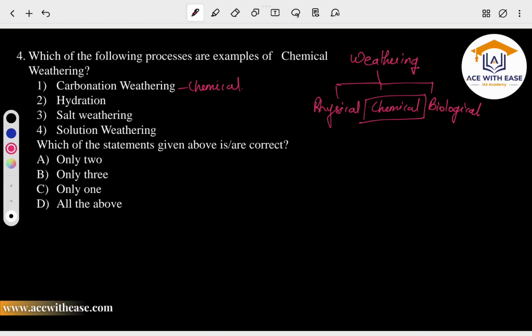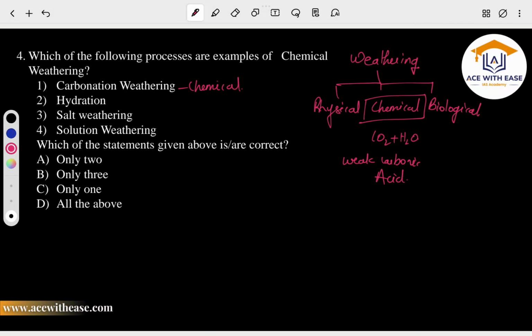Whenever the carbon dioxide present in the atmosphere is partially dissolved in rainwater, we get a weak carbonic acid.